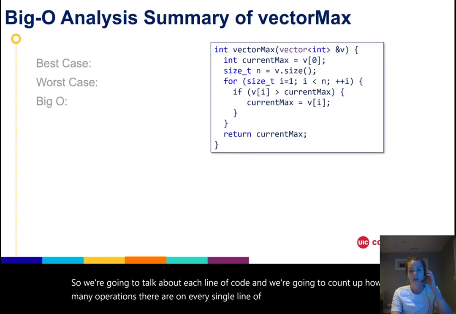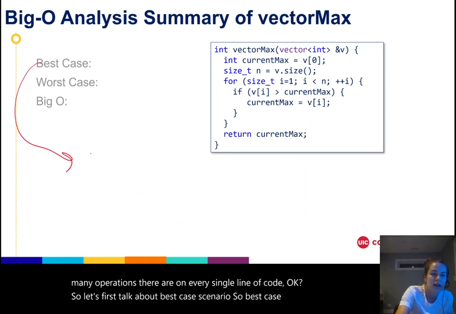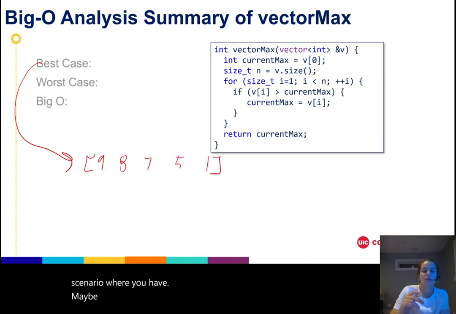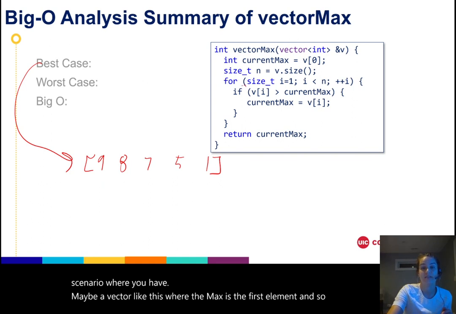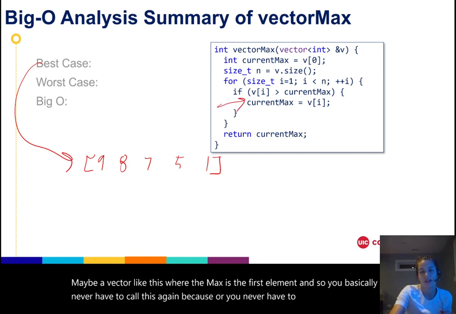Okay? So let's first talk about the best case scenario. The best case scenario would be where you have a vector like this, where the max is the first element, and so you never have to call this again, because the if statement's never true.